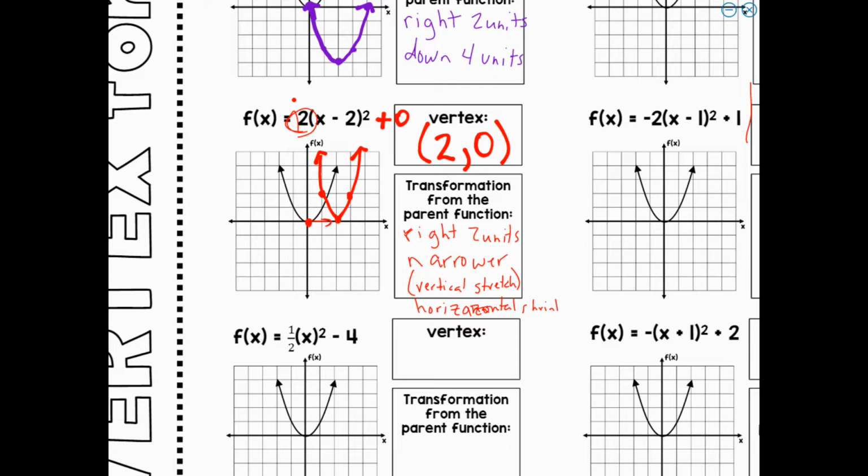So if there is parentheses and it's asking you how it stretches or shrinks, then the A is going to be talking about your Y, because it's outside the parentheses. So it's vertical. If there's no parentheses on the problem in Get More Math, then it should be a horizontal shrink when there's no parentheses included. Okay.